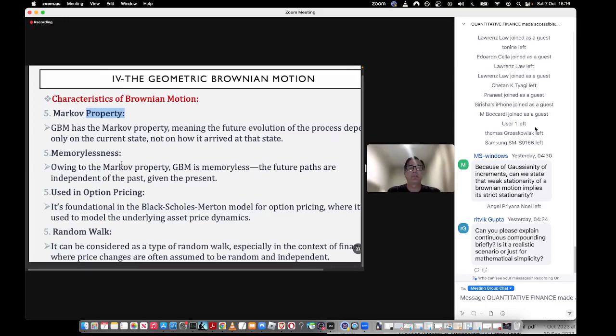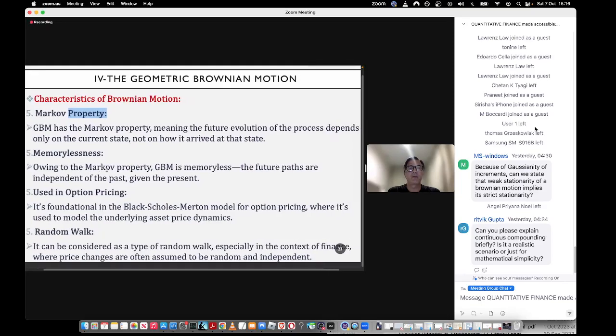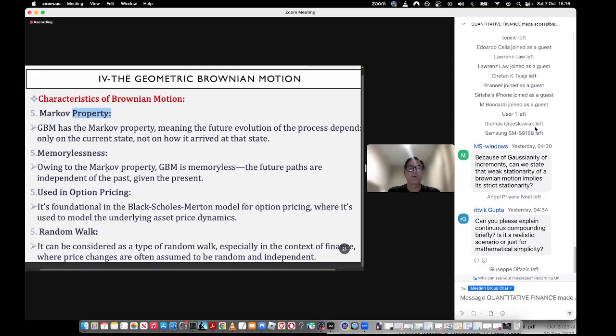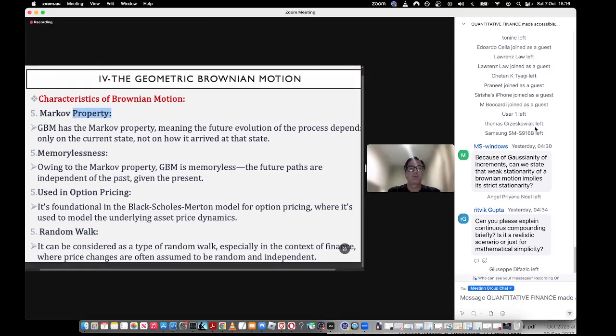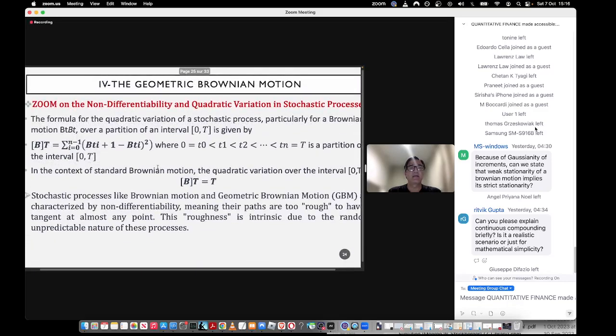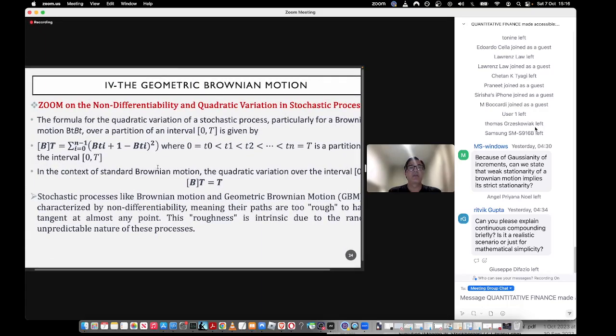GBM is memoryless, like other stochastic processes. It's one of the main characteristics you have to remember: the Markov property, which is the memorylessness, and also martingale, that I didn't feature here, which is the fair game.